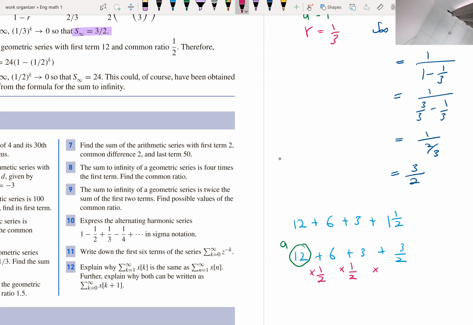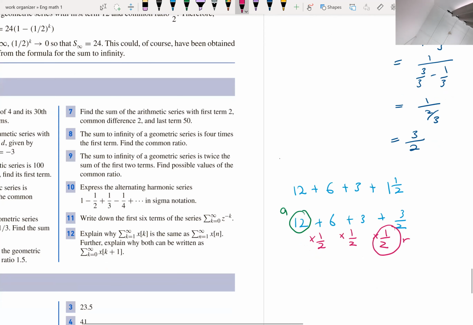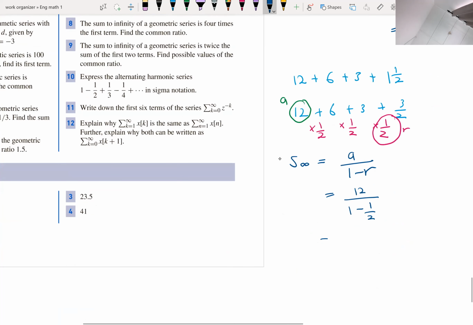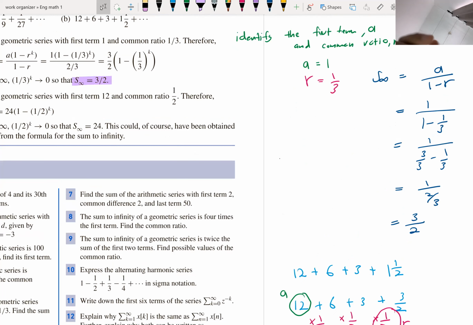Then input to the formula: sum to infinity equals A over 1 minus R. A is 12, R is 1 over 2, so we get 24. Sum to infinity is 24 for question B.